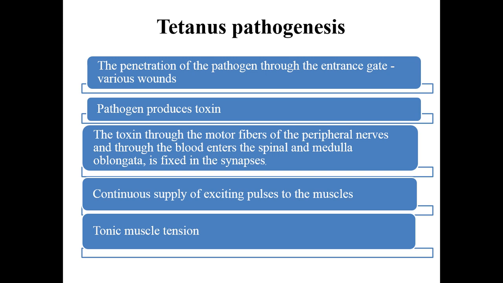Through the motor fibers of the peripheral nerves, and through the blood, it enters the spinal cord and the medulla oblongata, is fixed in the synapses, and the next process is continuous supply of exciting pulses to the muscles, and it leads to tonic muscle tension.